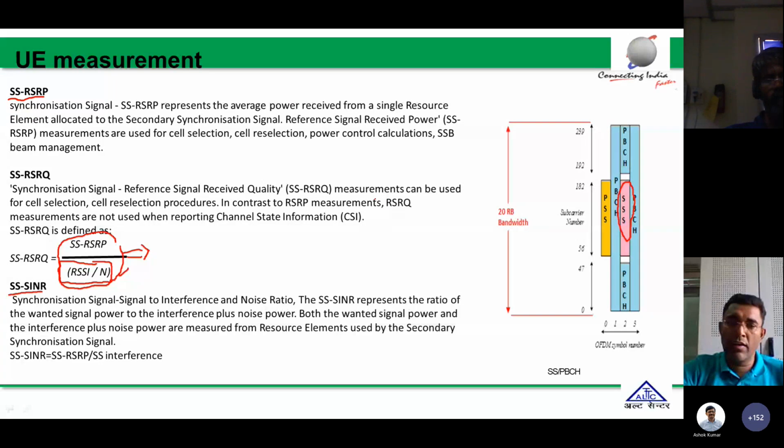But here, the locations of the secondary synchronization signals are almost the same in the nearby cells. So SINR basically calculates the interference with respect to SS-RSRP.